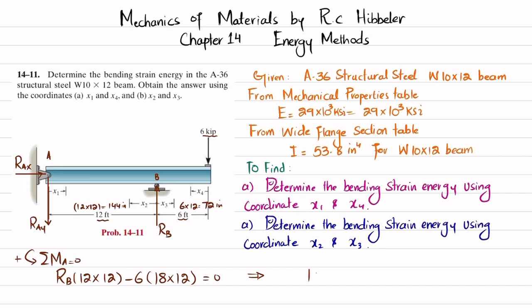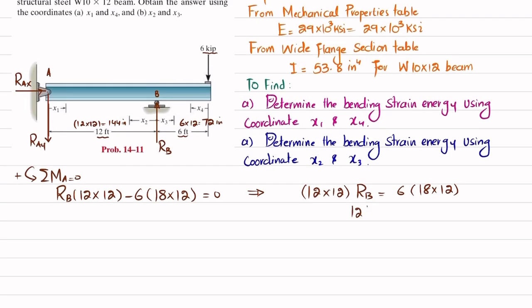From here, 12 multiplied by 12 times RB is equal to 6 into 18 multiplied by 12. So 12 RB will be equal to 6 multiplied by 18, and RB is equal to 6 multiplied by 18 divided by 12, which is 9 kips.